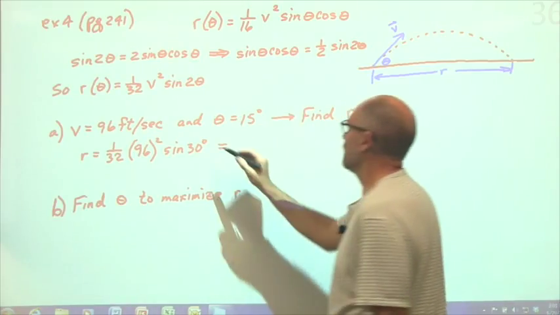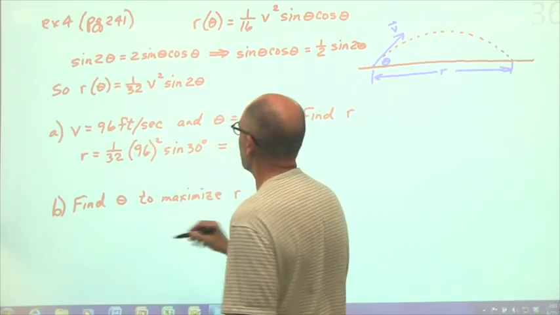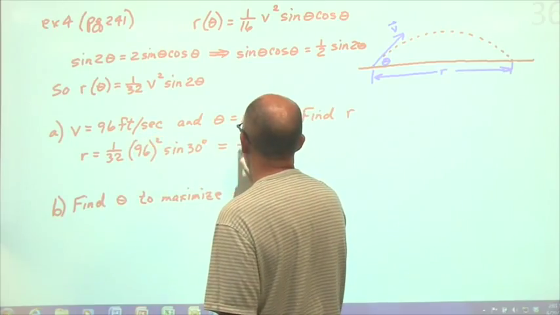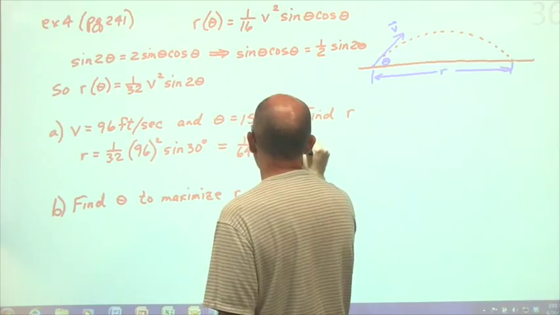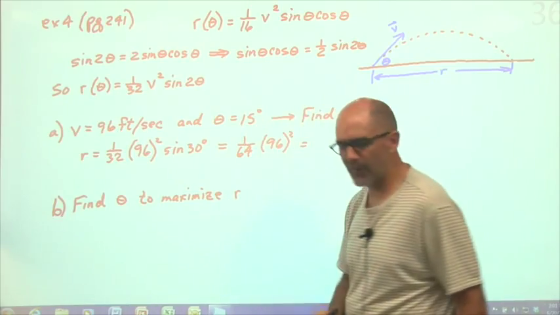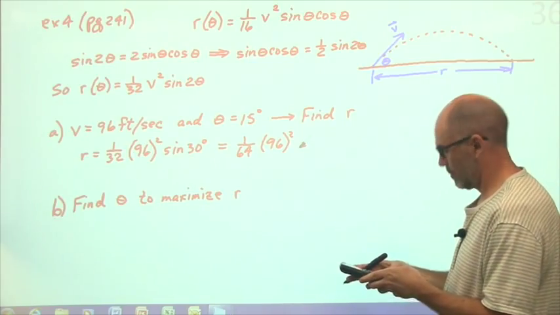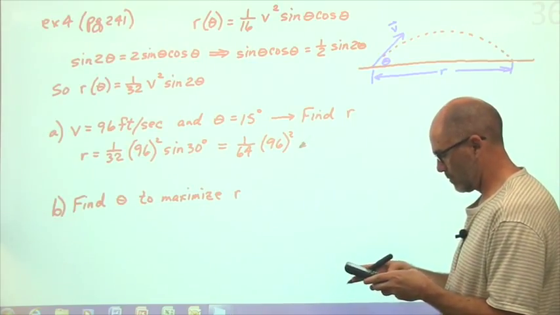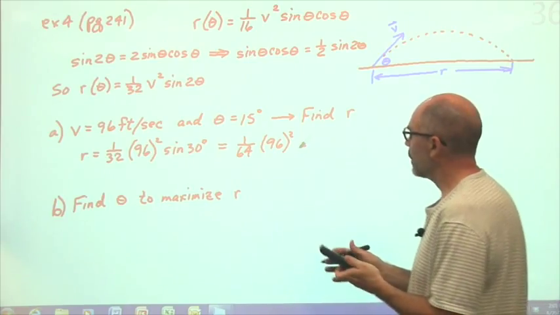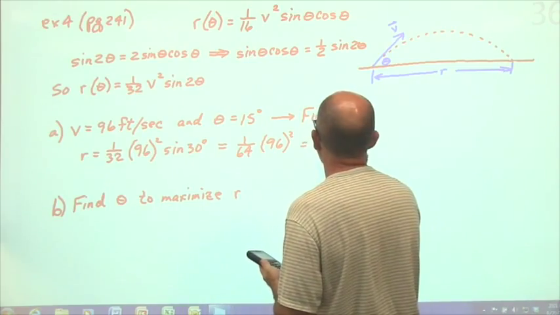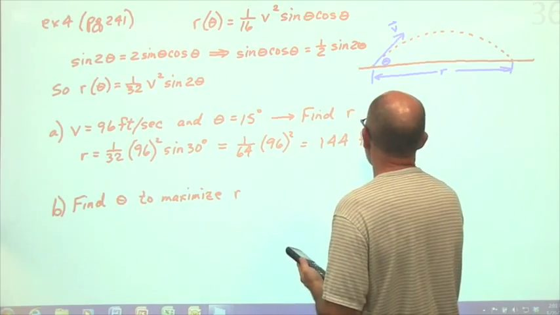Well, notice sine of 30 degrees is 1/2, and 1/2 times 1/32 is 1/64. So all we do is square 96, divide by 64. And we get 144. And that is 144 feet.